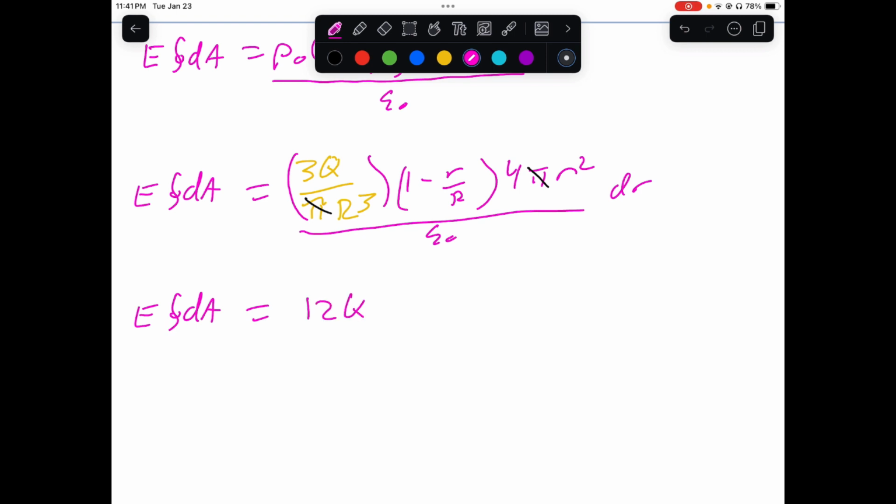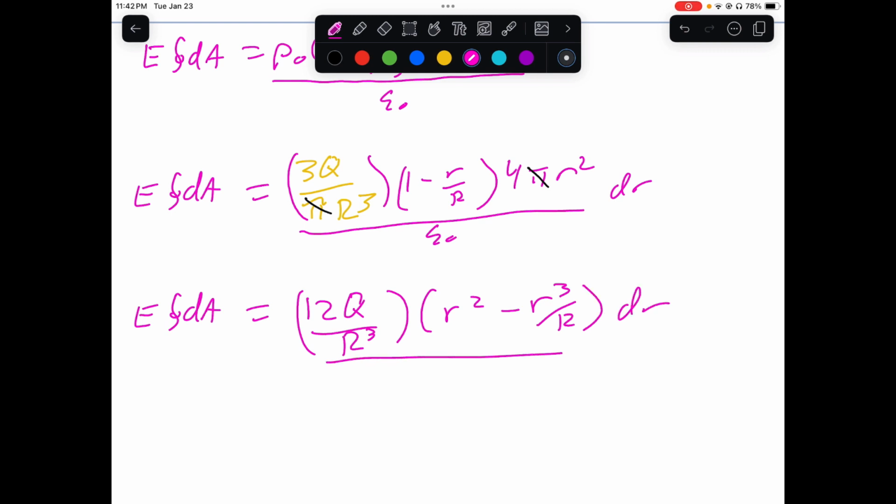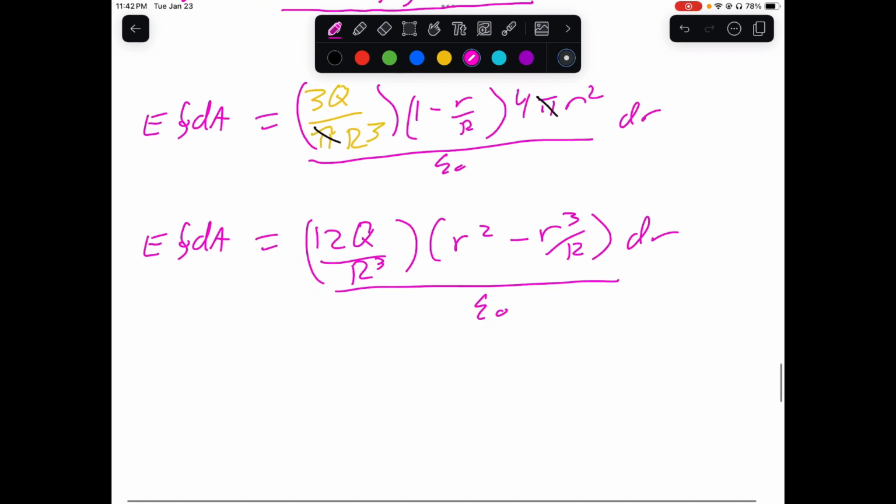So I got 12q over r to the third power, times, let's distribute the r squared, r squared minus r to the third power over R, dr over epsilon naught. I guess I could have pulled that epsilon naught out; I will here in a second. So I think I can finally integrate. Yes, I can integrate. Oh boy.